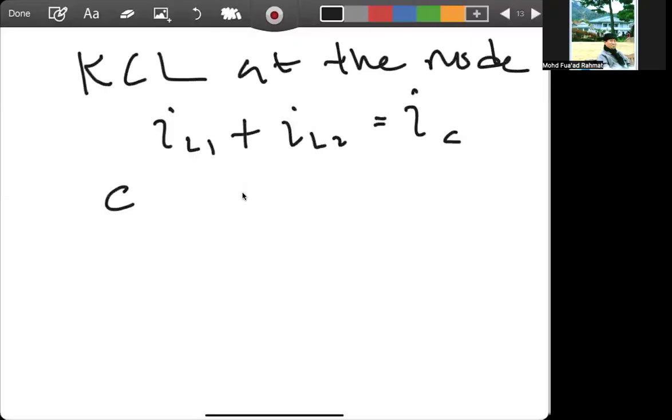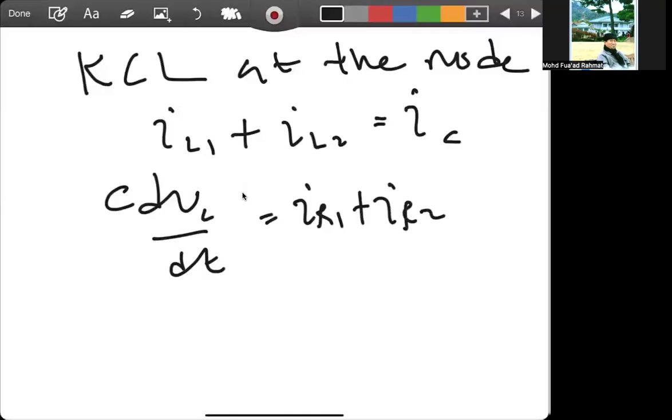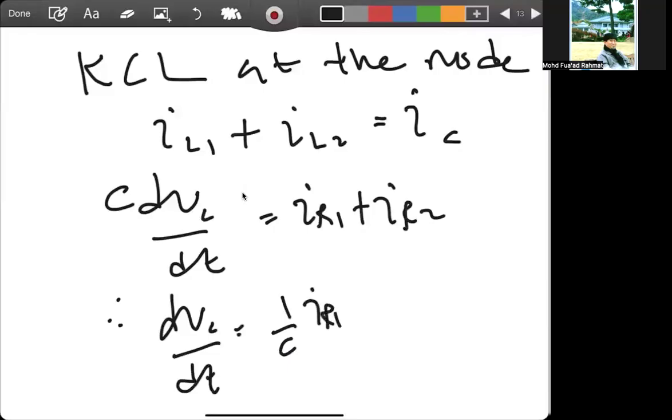So IC is C dVC/dt, which is IR1 plus IR2. So that's why dVC/dt is equal to 1 over C IR1 plus 1 over C IR2. Okay.